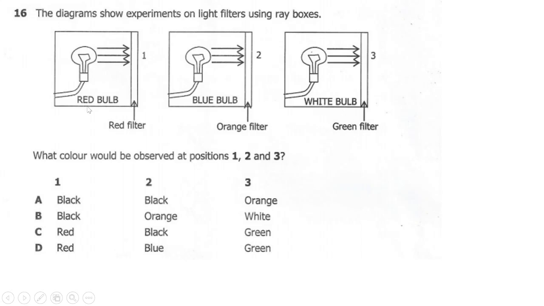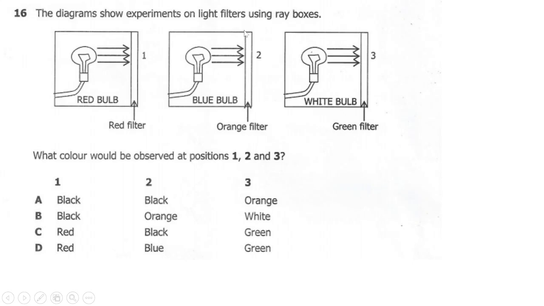Okay, so if you are using a red bulb and then you have a red filter, a filter will allow its color to pass through. So it will block any other color and allow the color that is similar to it to go through. So if this is red, definitely red will pass through the filter. Here we have an orange filter, here we have blue light.